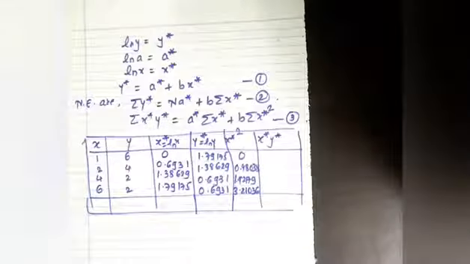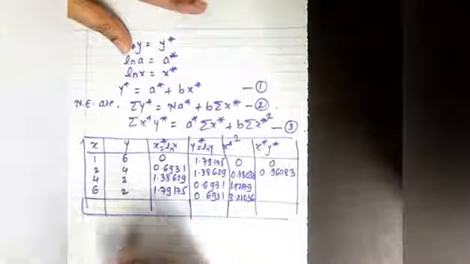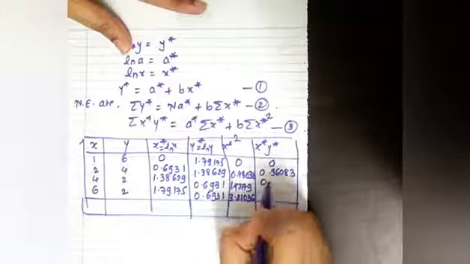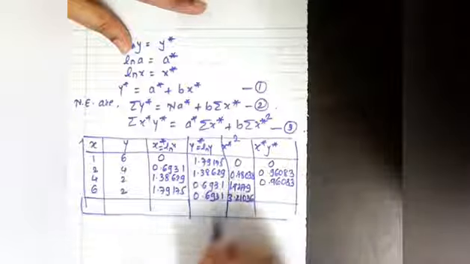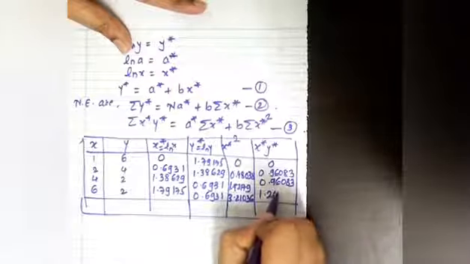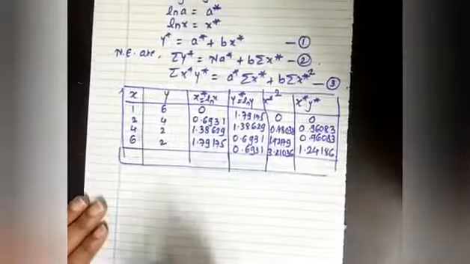Lastly, x star into y star: 0, 0.96083, again the same value, 0.96083, and lastly 1.24186. We'll write all the summations.